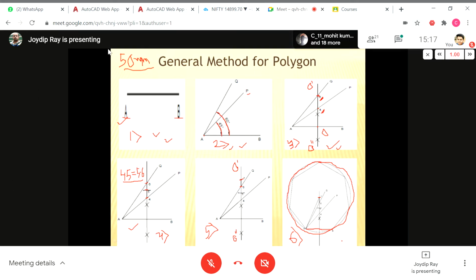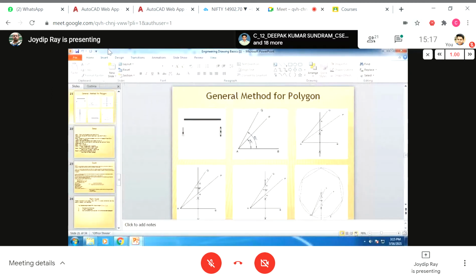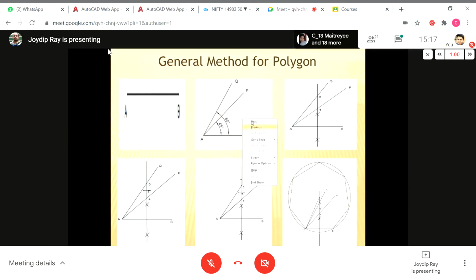Now let me go for the escape mode so that we can easily see this again. I believe that up to this is clear to you all. So we have got this circle, and this circle will pass through the line AB, and the AB line length is 50 millimeter as per our question.